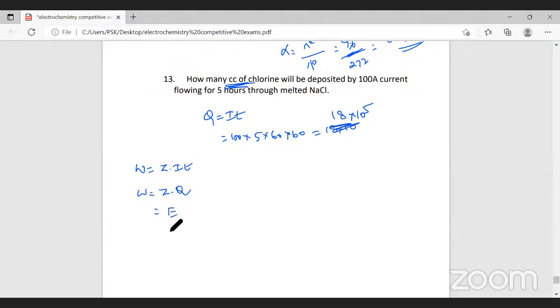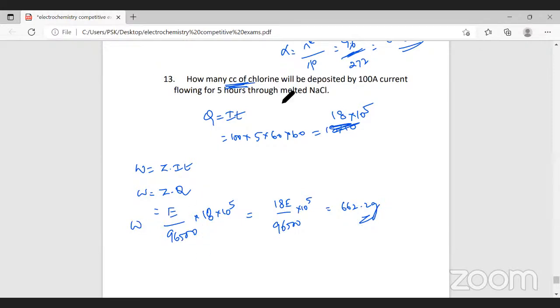Z is given by the formula equivalent mass divided by 96,500, into 18 into 10 to the power 5. That will be equal to 18E divided by 96,500 into 10 to the power 5. On simplification, we will get 662.2 grams. So W weight will be 662.2 grams.